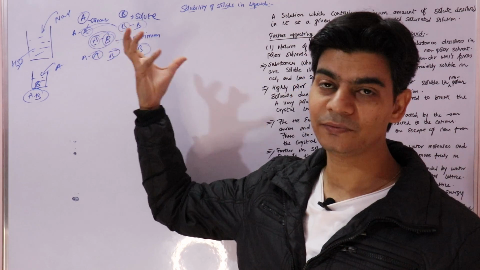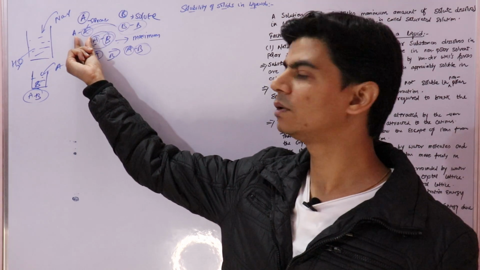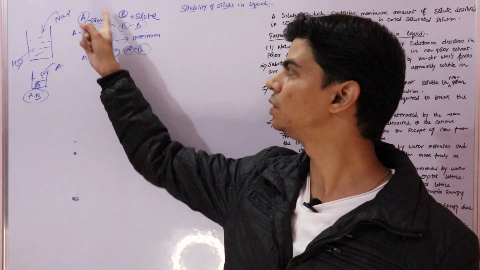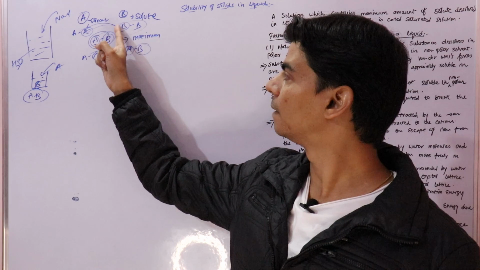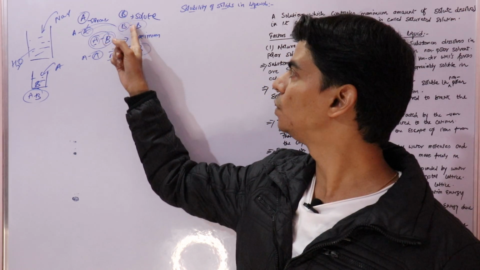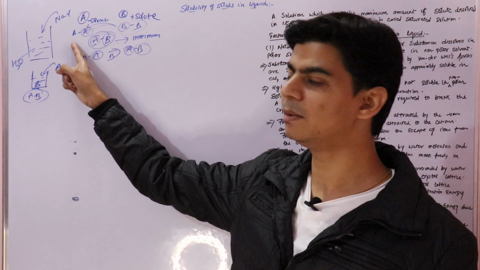That is, when B, which is the solute, would be able to interact with A, the molecules of solvent A.